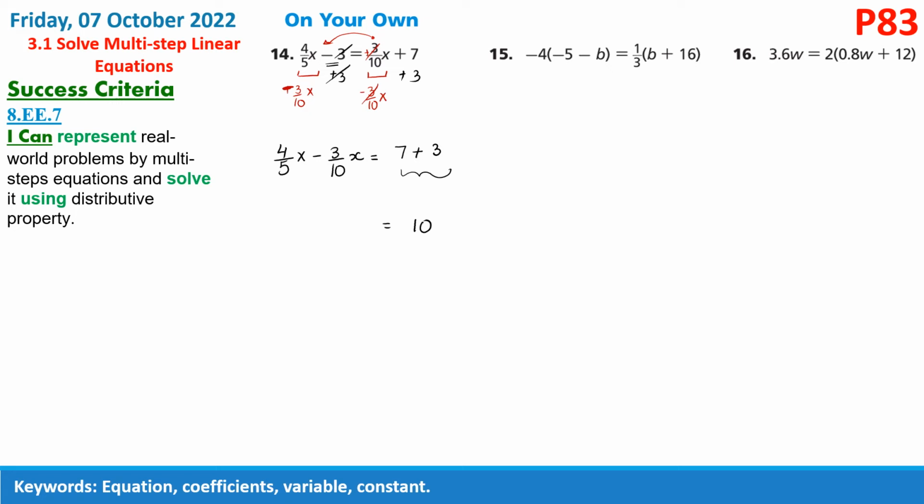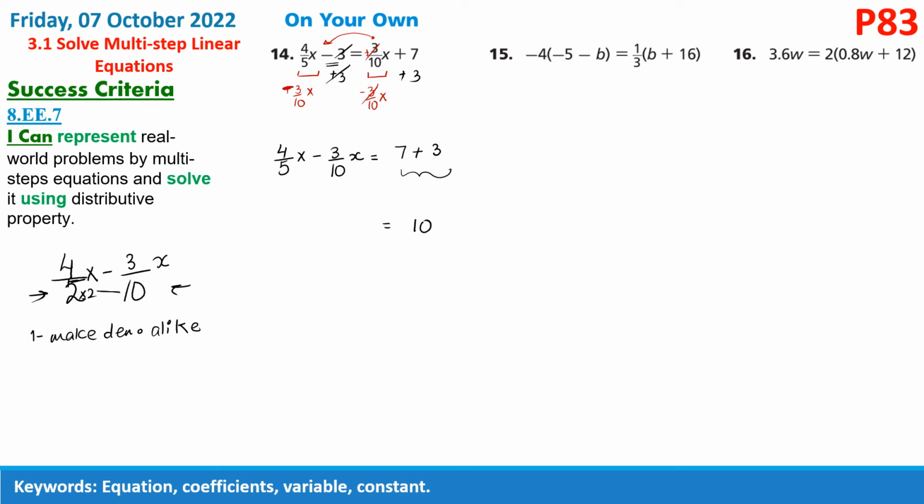Now here what we will do, look, I will show you over here 4 by 5x minus 3 over 10x. Remember, first thing is make denominators alike. What is the denominator? Denominator is the thing which is written in the down place. How to make it? Now, if I multiply 5 times 2, it becomes 10, right?